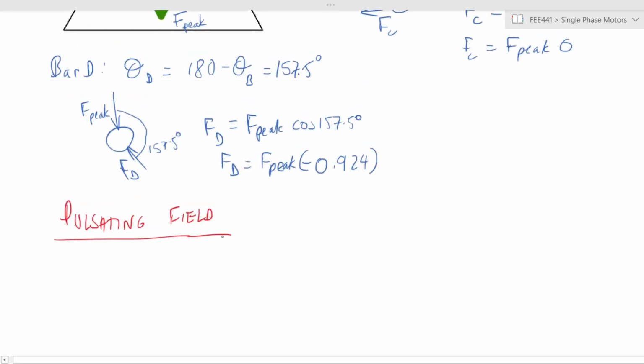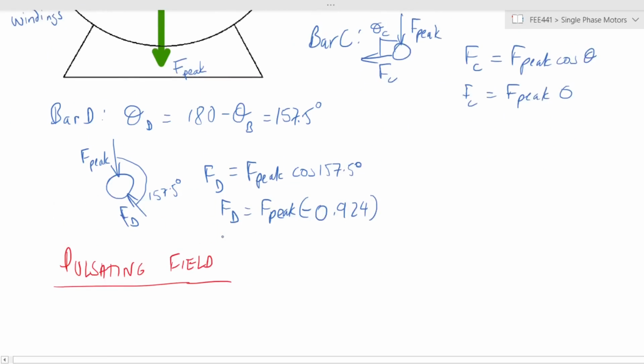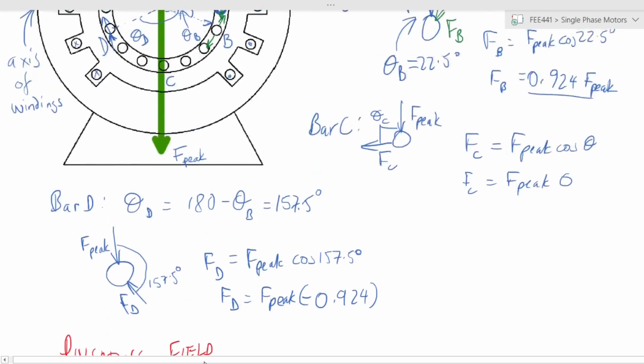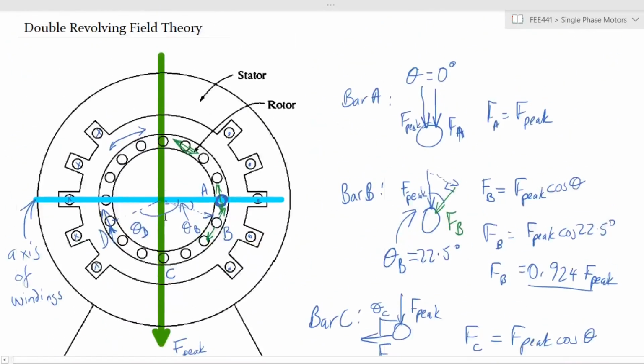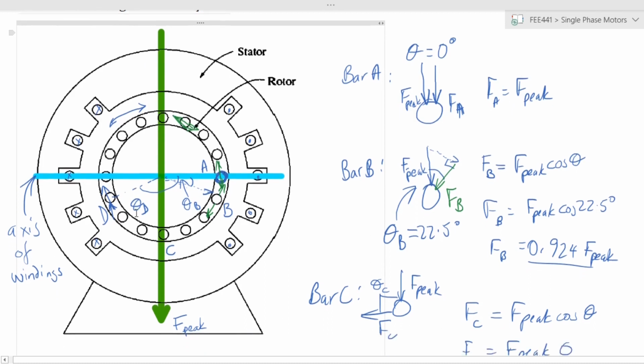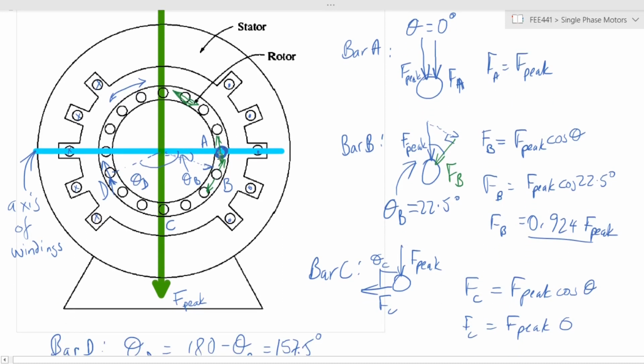So it will either act upwards or downwards with changes in time, right? So in the general case, when we look at the forces, the force on any point will be given by F peak times the cosine of the angle theta from that point to the axis of the windings. For the case of D, the bar was at 157.5 degrees away from the axis of the windings.